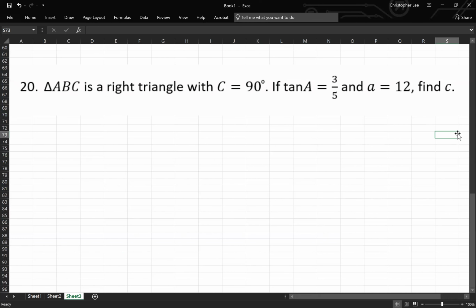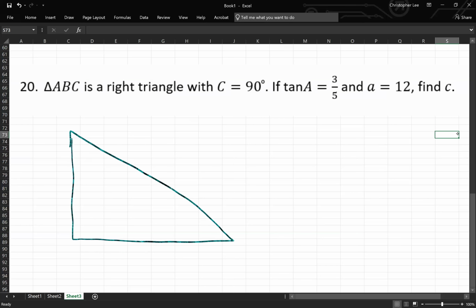All right. So there's a triangle ABC. It's a right triangle where angle C is 90 degrees. And in that triangle, tan of A is equal to 3 over 5. So let's draw that out real quick. I've got a right triangle.